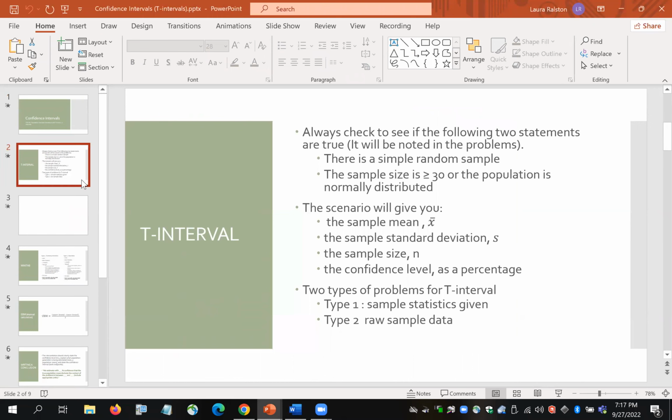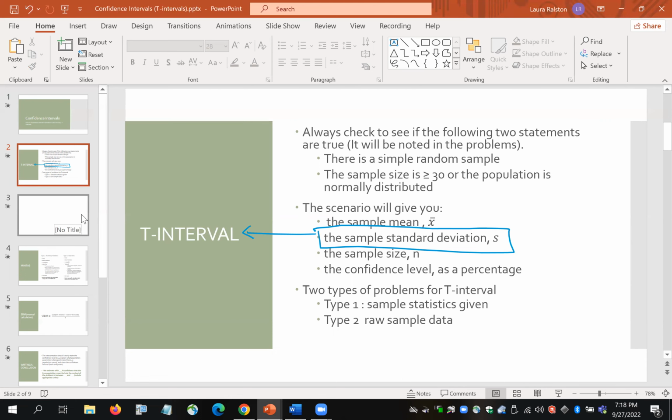Okay, so for example, for the T interval, we still want to know that we have a simple random sample, a sample size of 30, or that the population is normally distributed. Again, we get different information. We get the sample mean, the sample standard deviation, that's what makes it a T interval, the sample size, and the confidence level as a percentage.